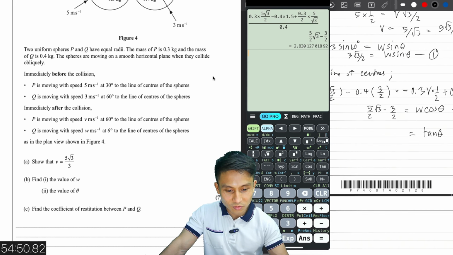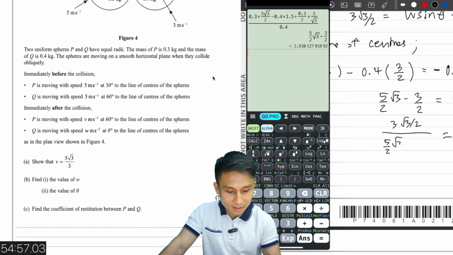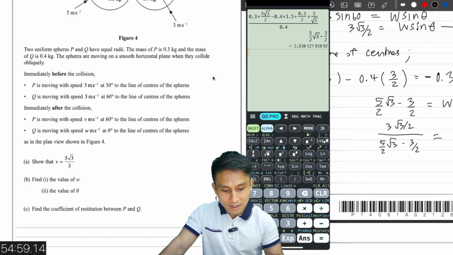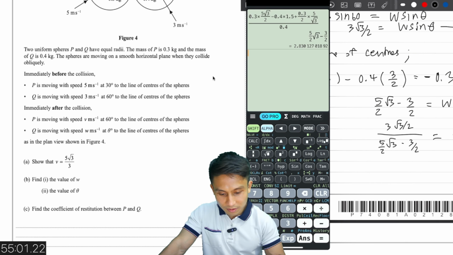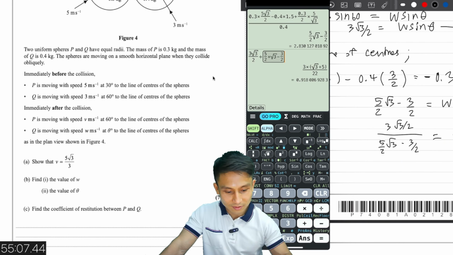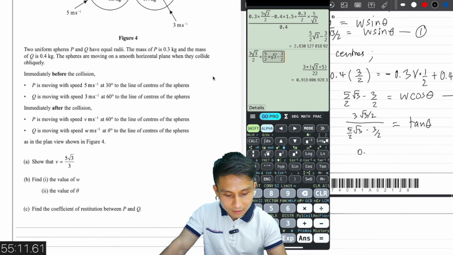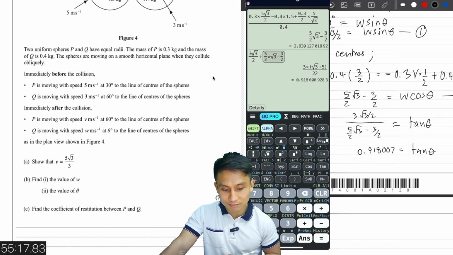So I'm going to do 3 root 3 over 2 divided by all that, divided by answer. That will be tan theta. So tan theta is that.